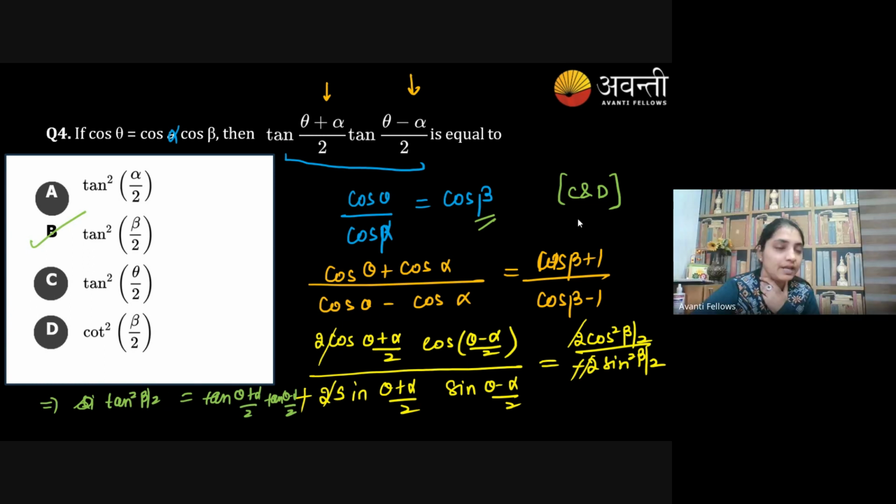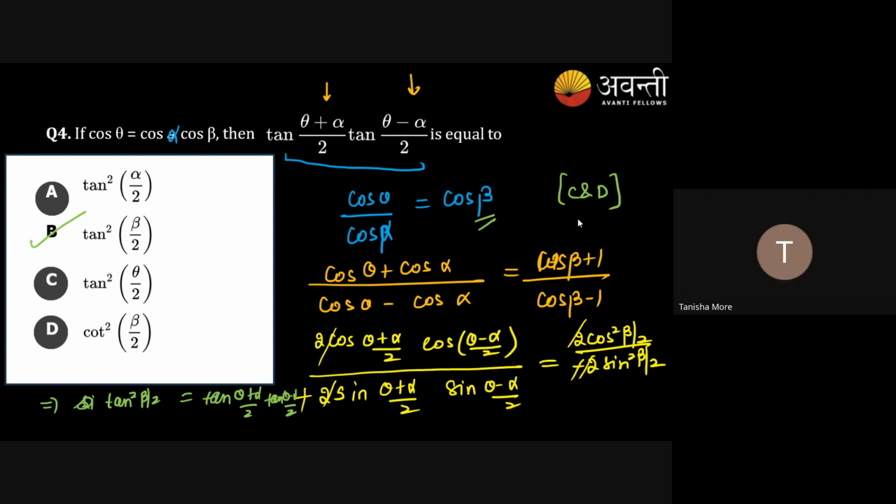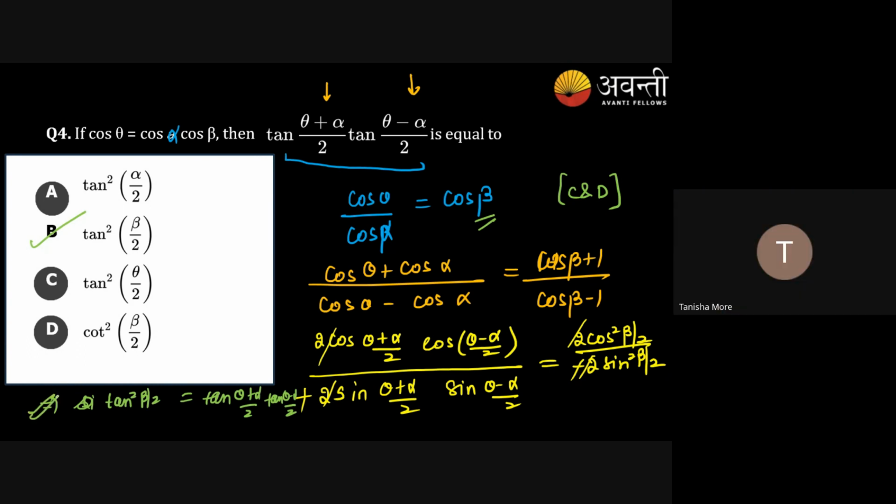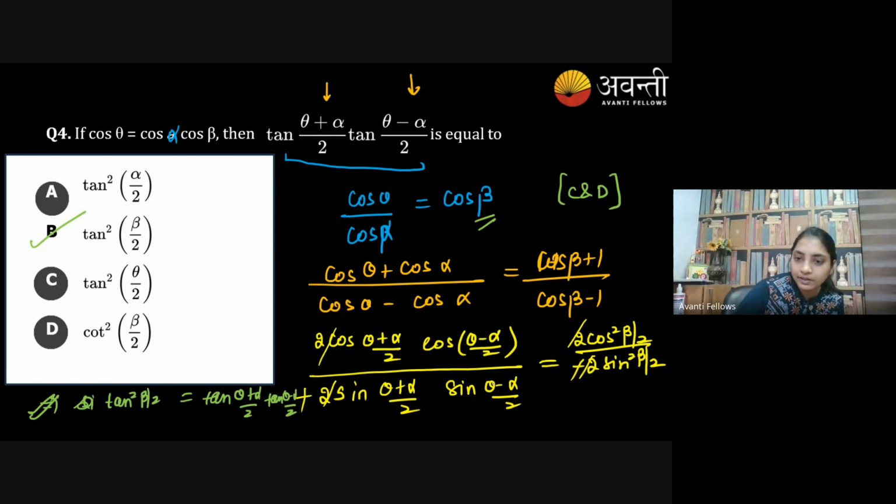Anyone having any doubt, any confusion, then tell me. Ma'am, last step, how? This one step. See from here, it's going to be cot (theta plus alpha)/2 cot (theta minus alpha)/2, that must equal cot square beta by 2.